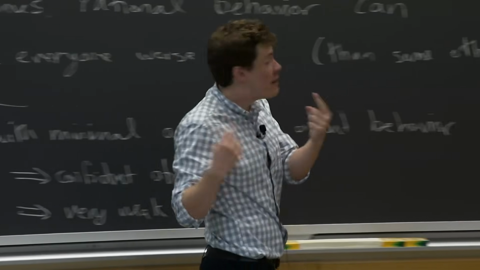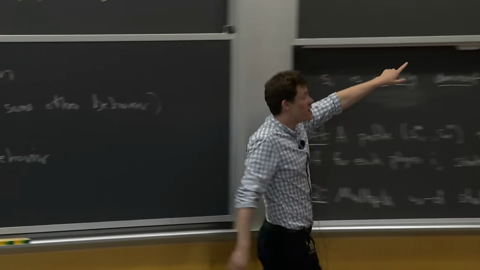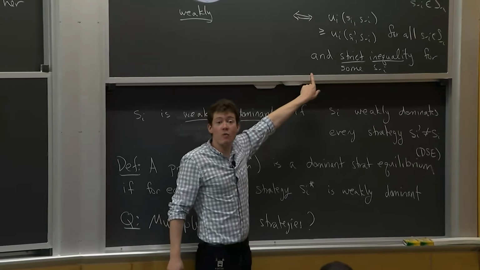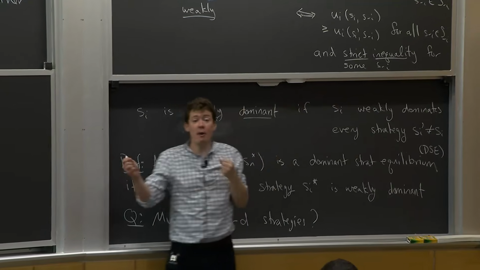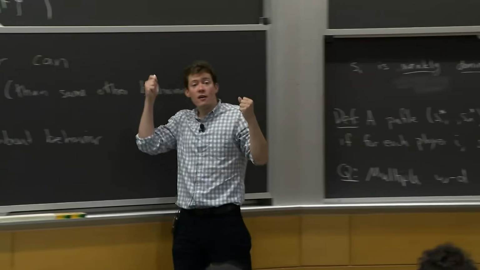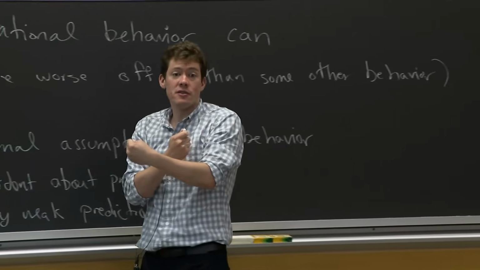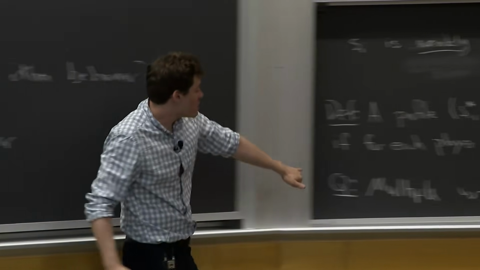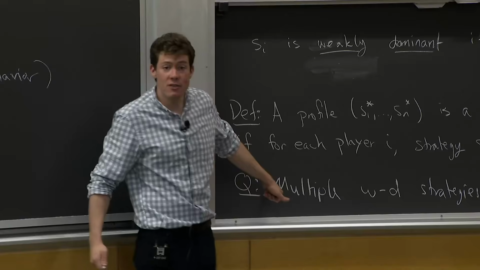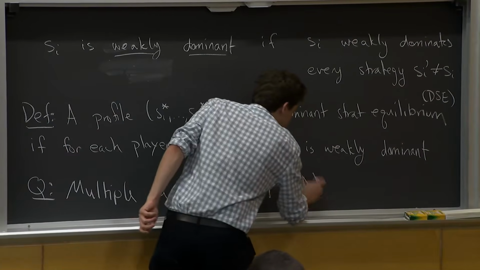But two strategies that give the same payoff are not going to satisfy strict inequality for any way my opponents are playing. So it's not possible for one strategy to weakly dominate another, and for that strategy to weakly dominate the first. And for that reason, it's impossible for there to be multiple weakly dominant strategies. So the answer is no.